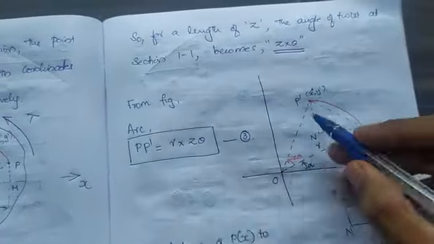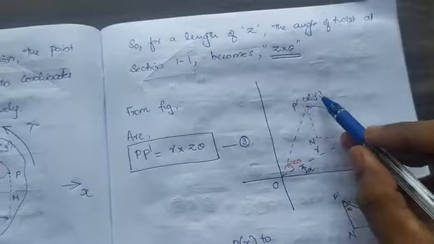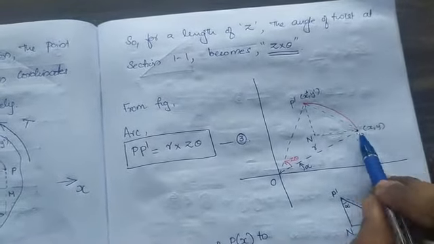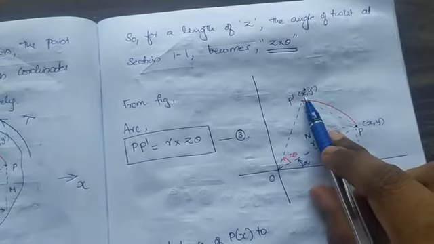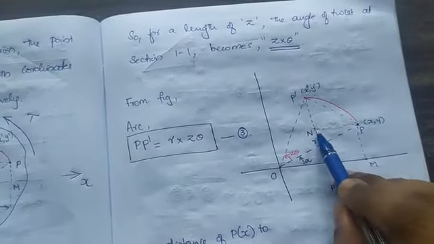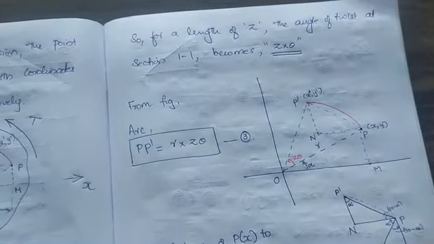Okay, so I will plot a right triangle here, x bar, y bar. From this point P, x has been reduced to this point N. This is x bar, and from this point y has been increased to y bar. Clear?